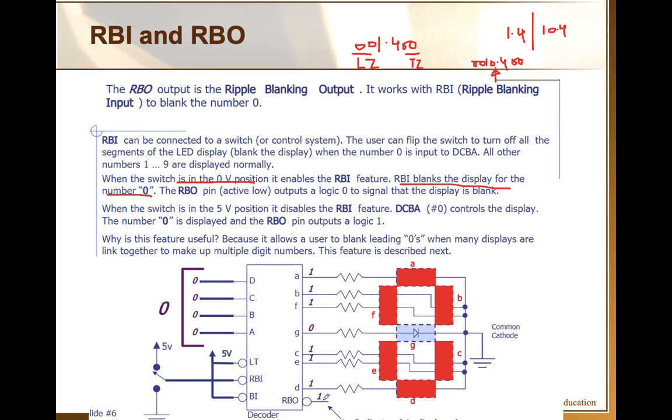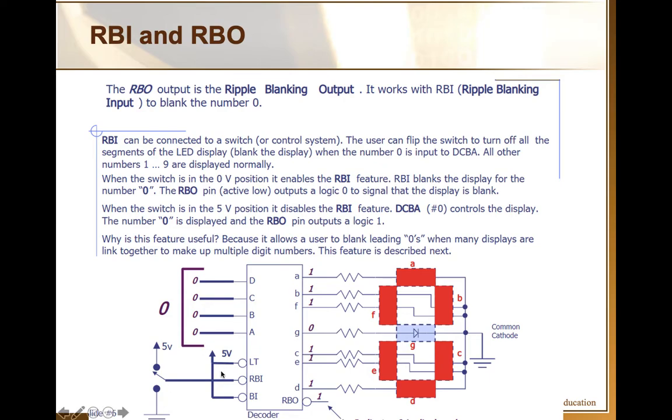However, whenever RBI is enabled, connected with ground, and you are suppressing a 0, then RBO will be 0 here. You have to remember that RBI is the ripple blanking input, and RBI and RBO are used in conjunction to suppress leading and trailing zeros.